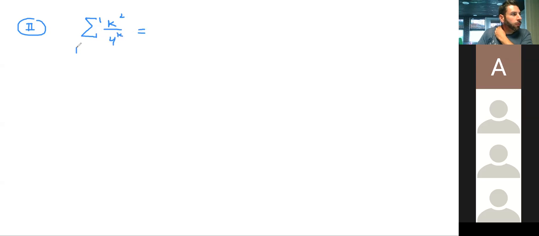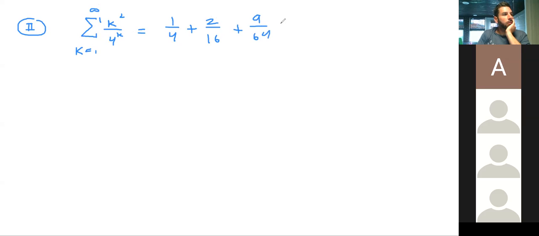Let's write out the first few of these, with k starting at 1 to infinity. You get 1/4 plus 2/16 plus 9 over 4 to the third, which is 64. So we'd like to know, does this converge?